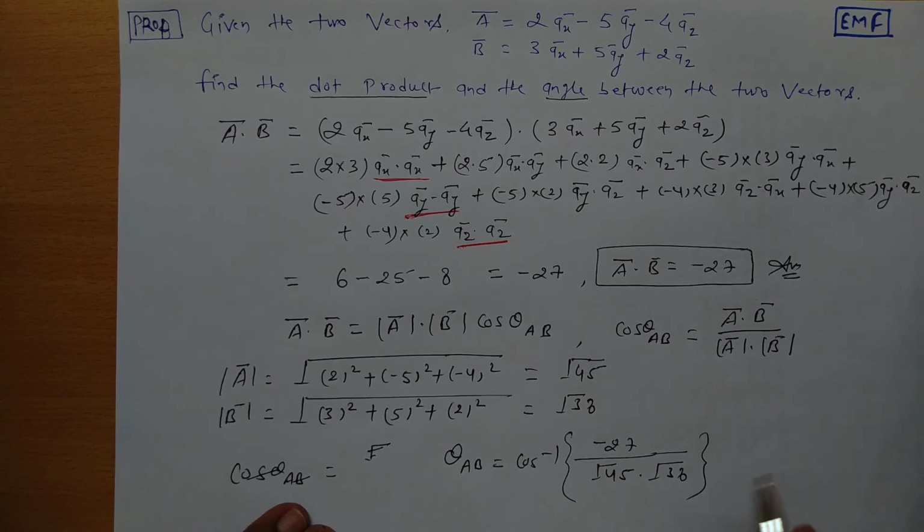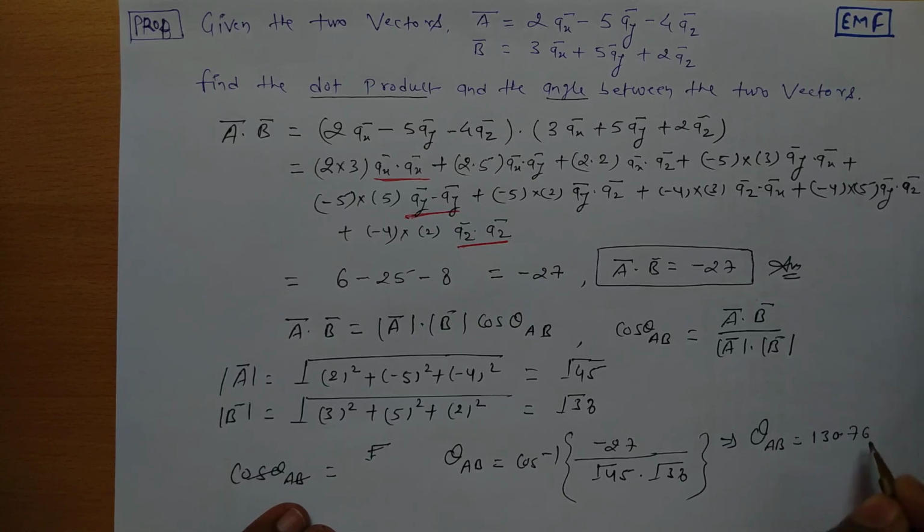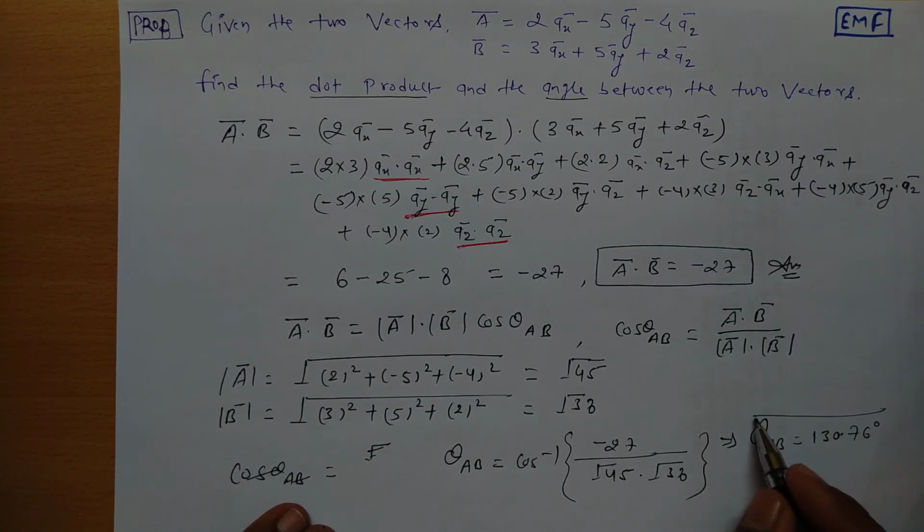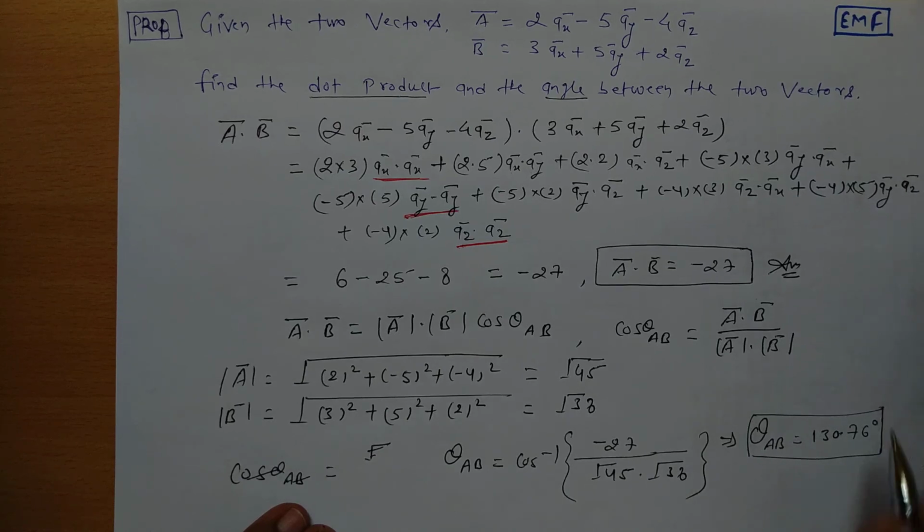When you resolve this, you will get the theta value of 130.76 degrees. So this is the answer of the second part of the question, the angle between the two vectors.